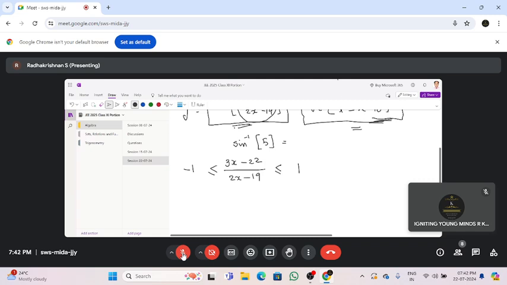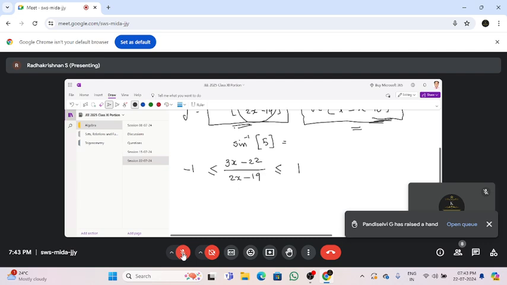So how many have learned inequality problems, and how many think you can attempt solving this inequality? Please raise your hand. Pandi Selvi. Very good.